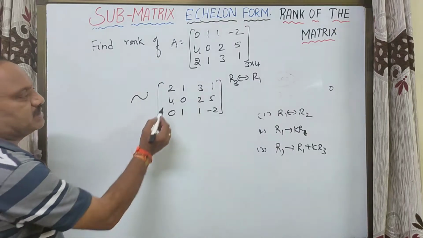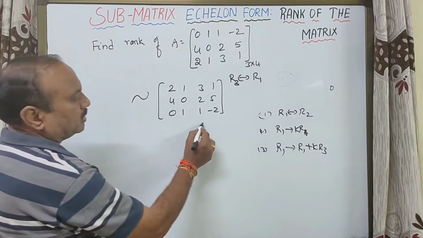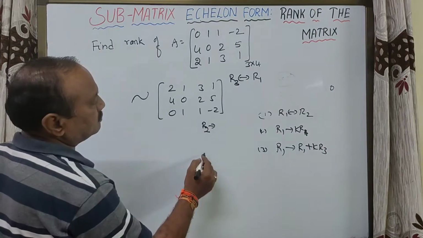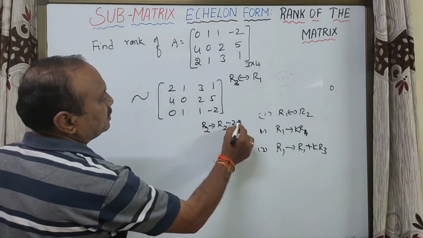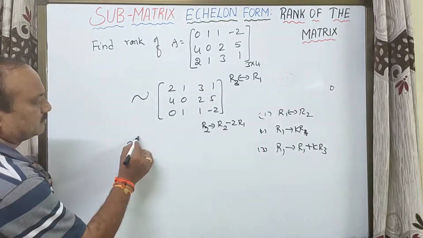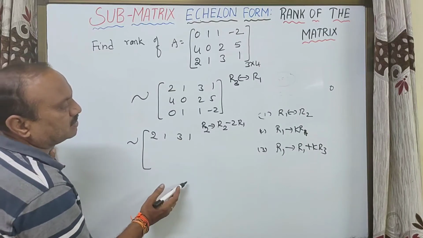Now make this element as 0. R2 changes to R2 minus 2 R1. 2 1 3 1.